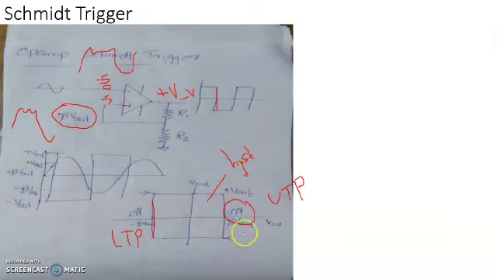So this hysteresis voltage, V hysteresis, is equal to UTP minus LTP. UTP value is plus beta V saturation, LTP value is minus beta V saturation. So overall this is 2 beta V saturation.